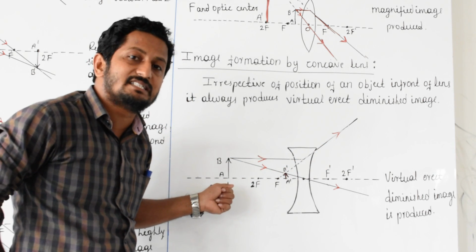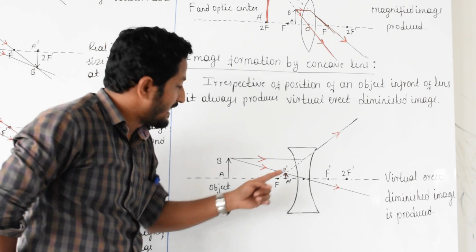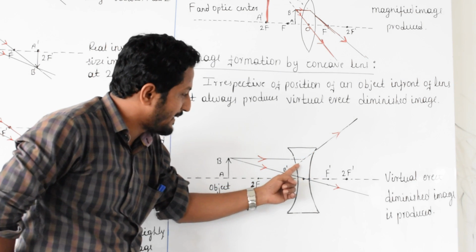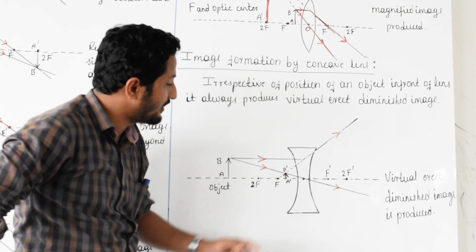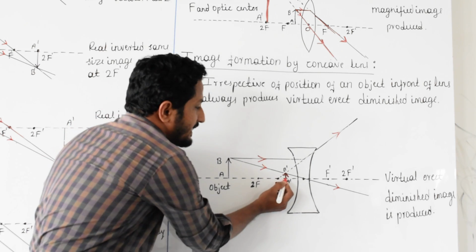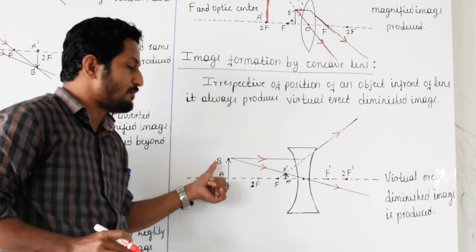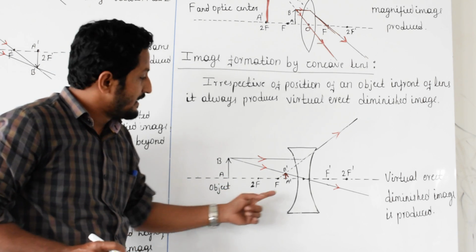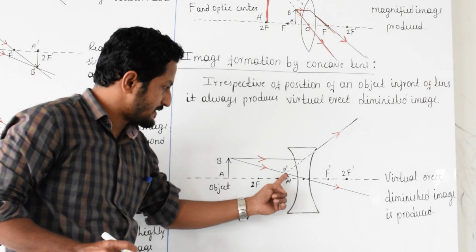We are going to imagine they are coming from somewhere. Here I have extended them backward. Now you see here they got intersected here. There they produced the image of that object AB. The top portion of that object is produced here.